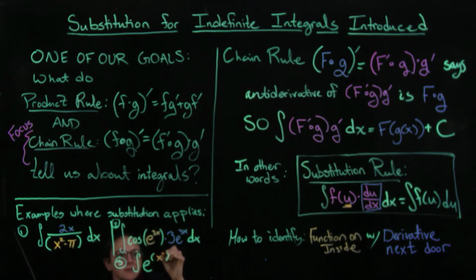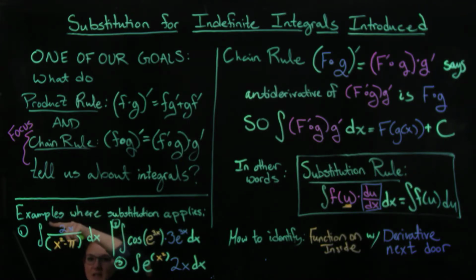Let's just do something very basic like that. Again, I would have a 2x next to that, and then dx. In each of these, you don't just need to have an inside function, you need to see that derivative. And next door could mean on top. This is really like having a 1 and then a 2x dx over there.